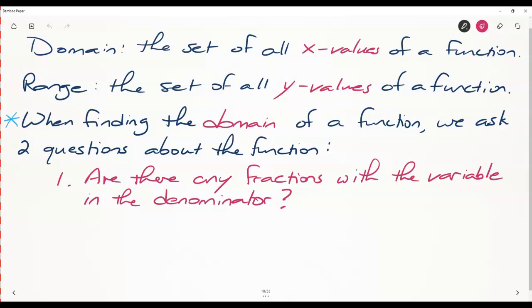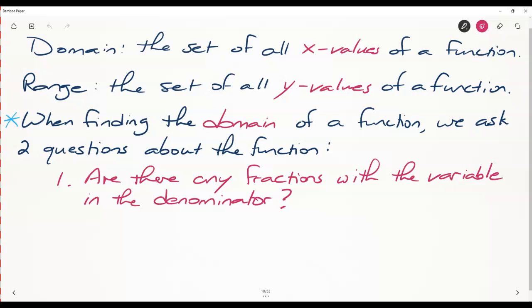does the function have any fractions with the variable in the denominator of the fraction? Not the numerator. Numerator doesn't matter. Is there a variable in the denominator? The reason this is important is because if there is a variable in the denominator, that means we're not sure what that denominator is.